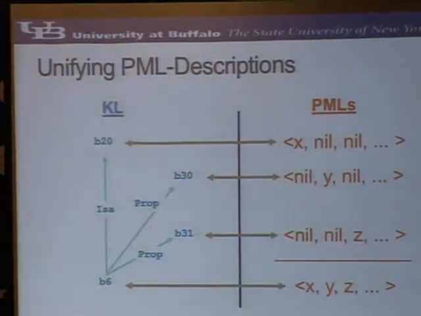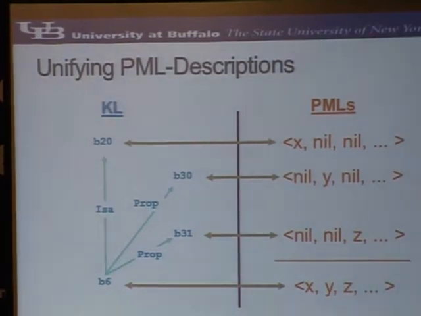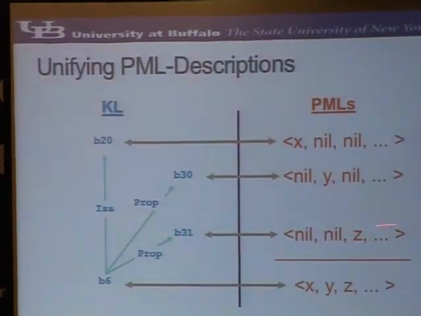And PML structures can be unified. So here's a KL term B6. It's a member of this category B20, and the category B20 is aligned with some way that those things look, right? A partial PMLS structure. B6 has a property B30, which looks like this, and another property B31, which looks like this.